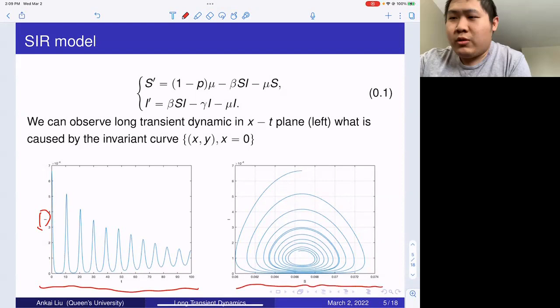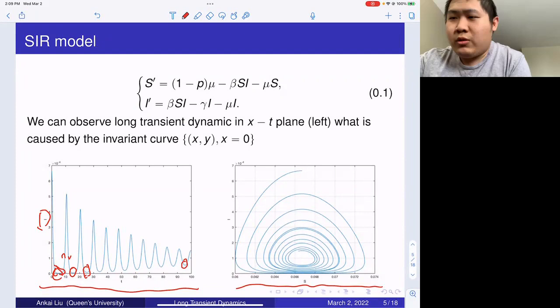If you look at the plot on the left, you can see here and here, at the beginning of the dynamics, the infected population seems to be small for a long period of time compared to the rise and fall. Also here and maybe here a bit, and of course, as time goes by, this phenomenon is not that obvious anymore.